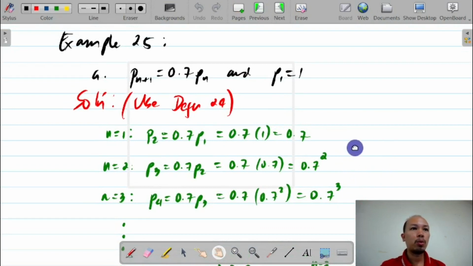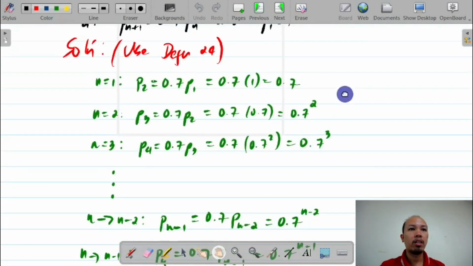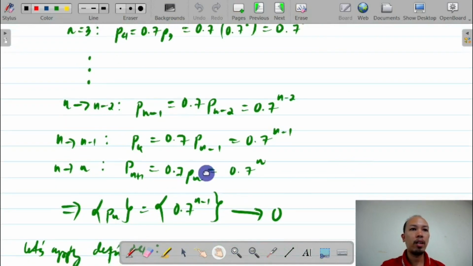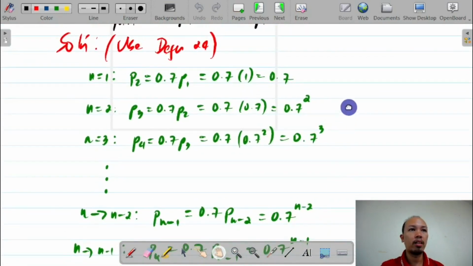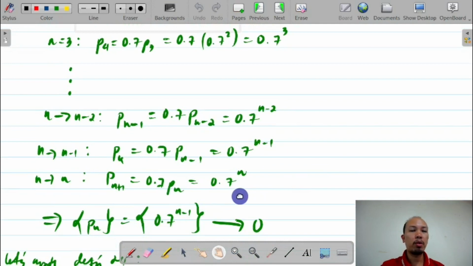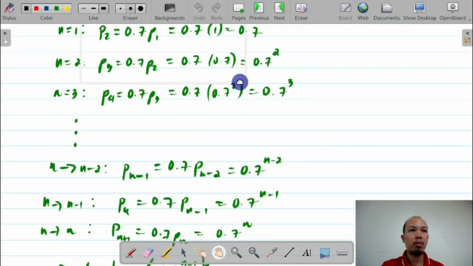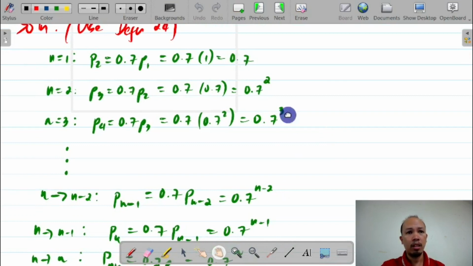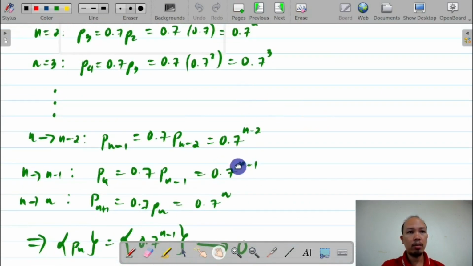We solved it all the way here, this portion, the closed form expression of the given p sub n plus 1 is equal to 0.7 times p sub n, and p1 is equal to 1. The closed form is 0.7 to the n. We solved it this way, and we saw a pattern. That's why we arrive at this form.